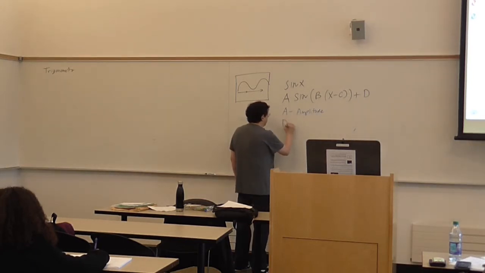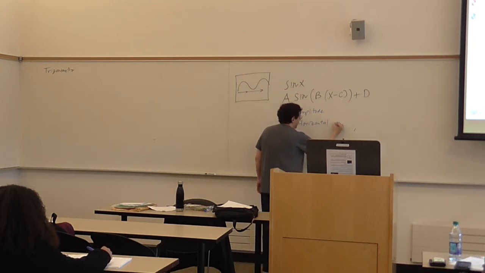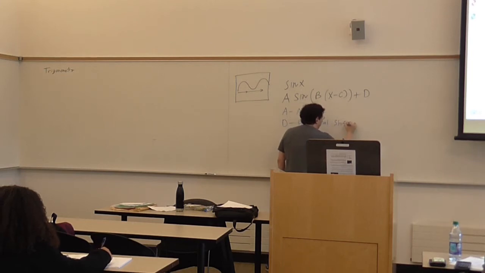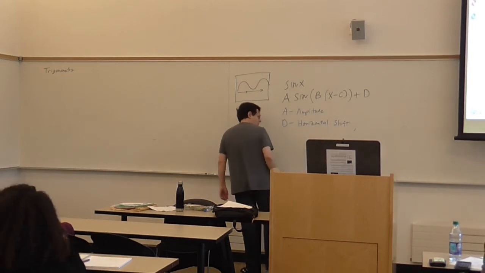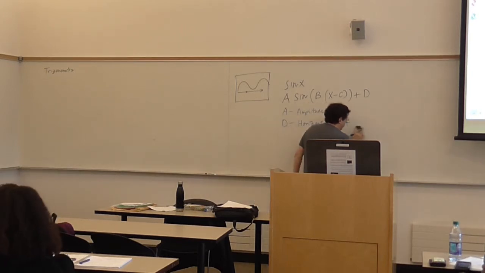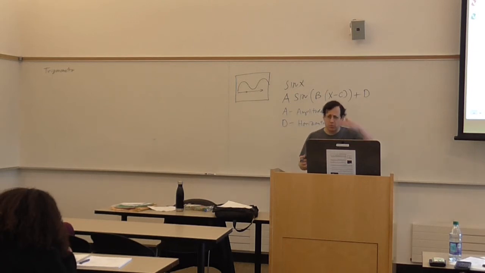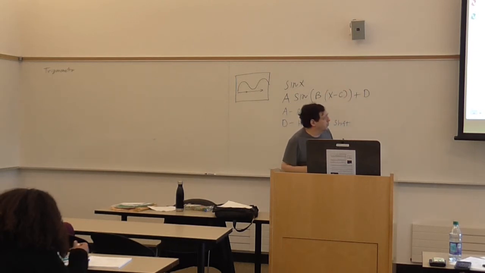So the d is just a vertical shift. And if I might add, it's shifting it in the obvious direction. You add a value, it moves up. You subtract a value, it moves down.